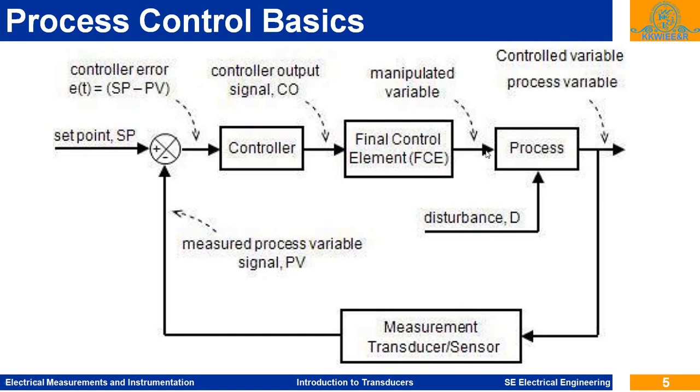This is a manipulated variable and it will control the process, which will control the temperature of the liquid. The control variable and process variable are measured by the sensors or transducers, and the feedback is given to this closed loop system. So this is the measured process variable signal.